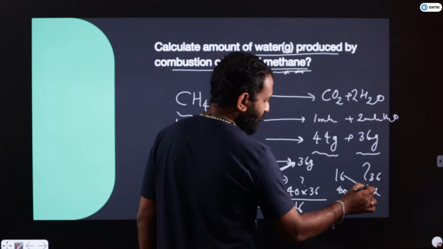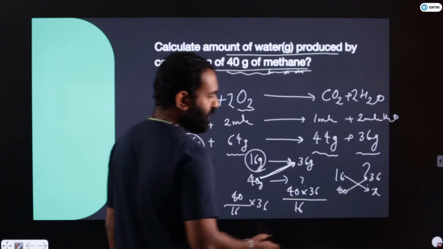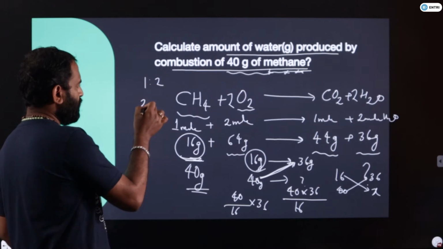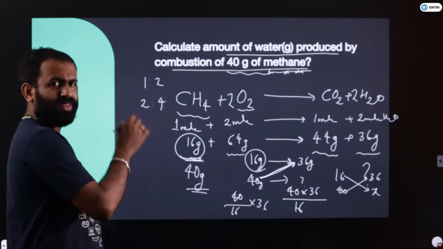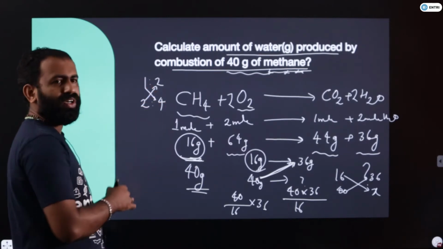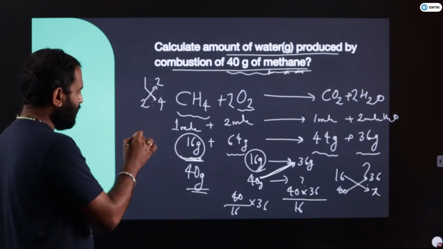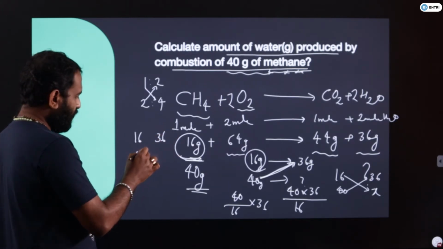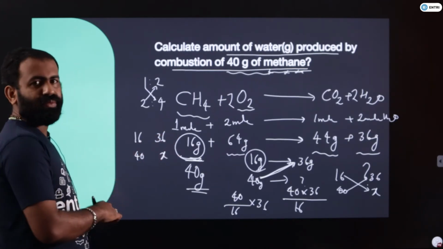So 16 into x equals 40 into 36. They are proportional, because 1 is to 2 as 2 is to 4, so 2 into 2 equals 1 into 4. So 16 gram gives 36 gram, and for 40 gram, x is the amount of water.